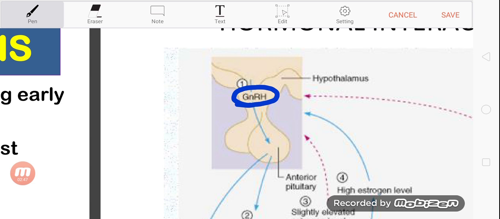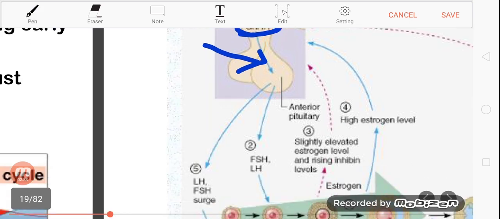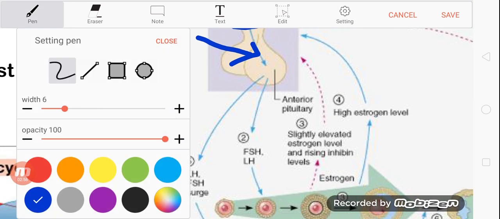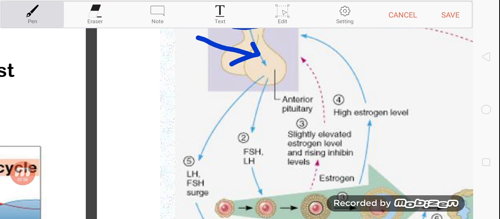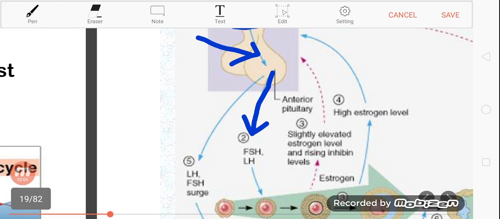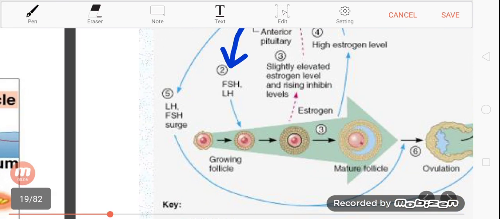This GnRH stimulates the anterior pituitary. Once stimulated, the anterior pituitary will secrete gonadotropins, FSH and LH. Follow this path here: FSH and LH go to the ovary, to the follicles. They will initiate the follicles to grow or develop.